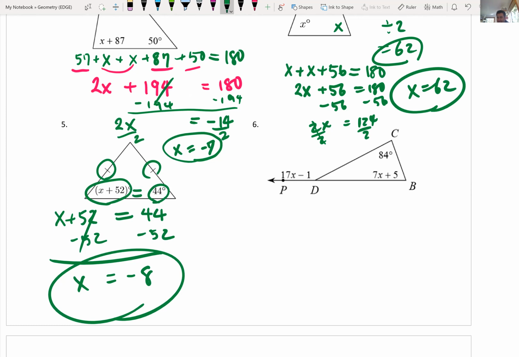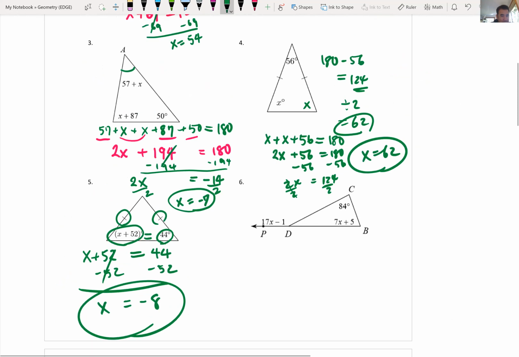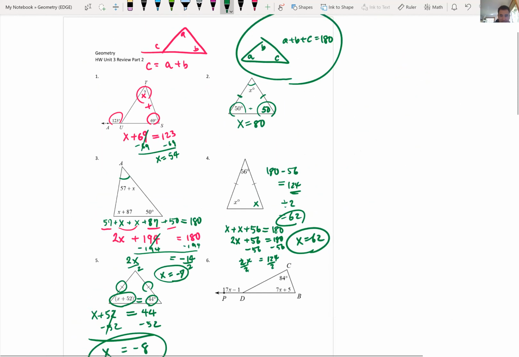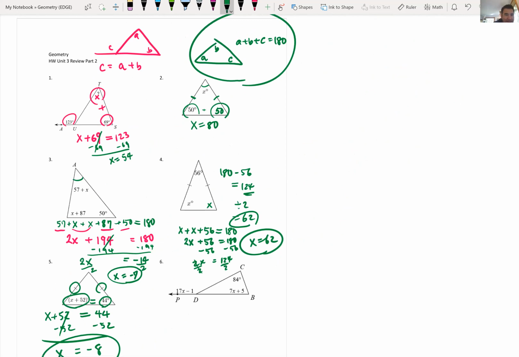What does it look like? Which theorem are we going to use? It doesn't look confusing, does it? If you're struggling to figure out the equation, then let's think about number one right here. Does not look like number one.